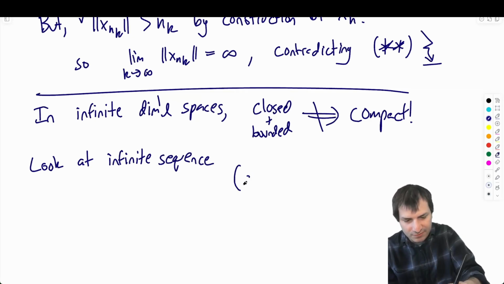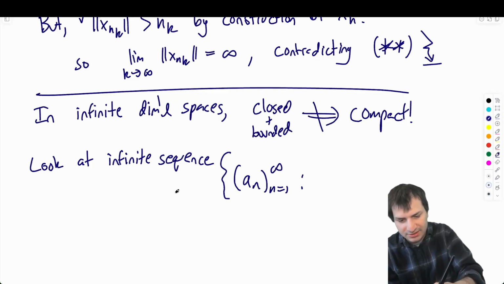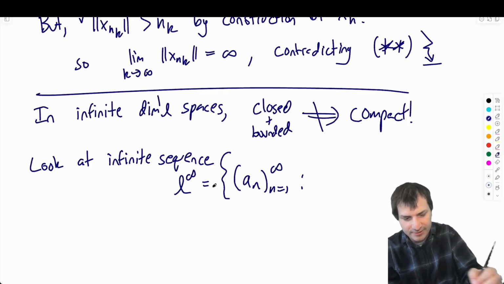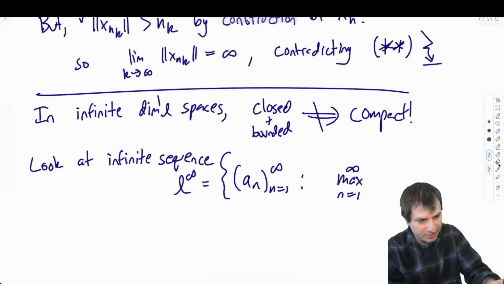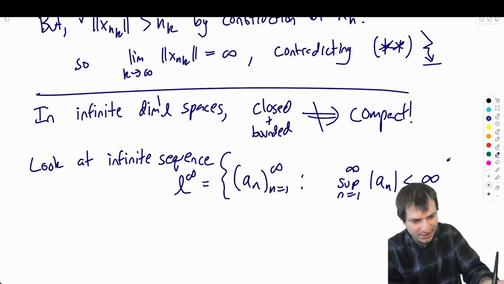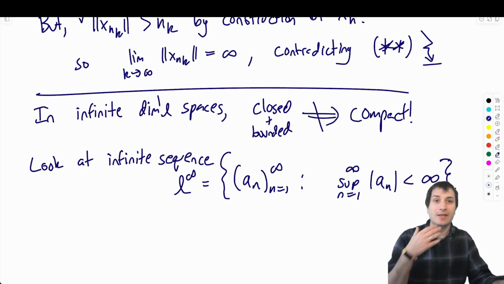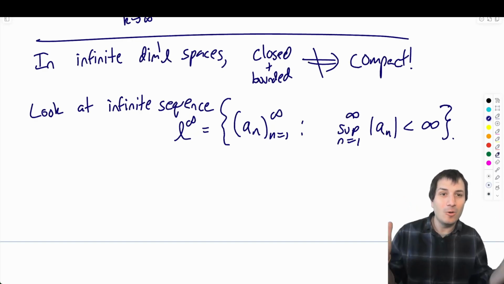So these are sequences of the form a_n, n going from 1 to infinity. Those are the elements of the space. Let's do little l infinity. So this is the sup, not the maximum, because infinite things sometimes don't have maximums. The sup of the a_n is less than infinity. So bounded sequences. This thing already has closed and bounded, but no compactness.